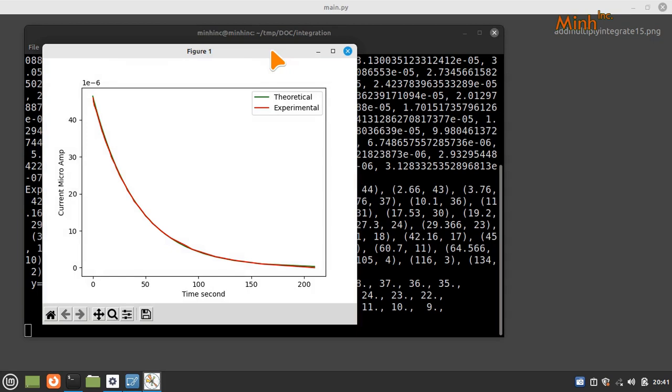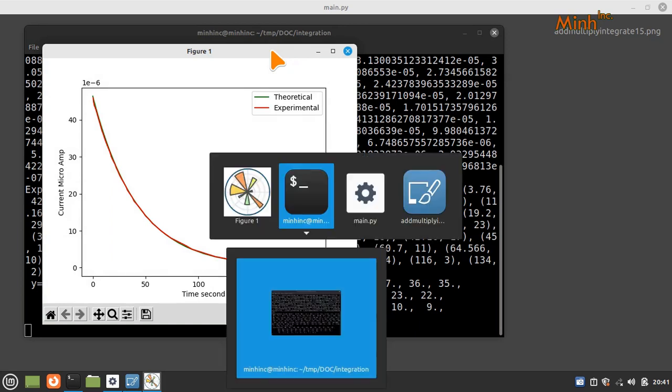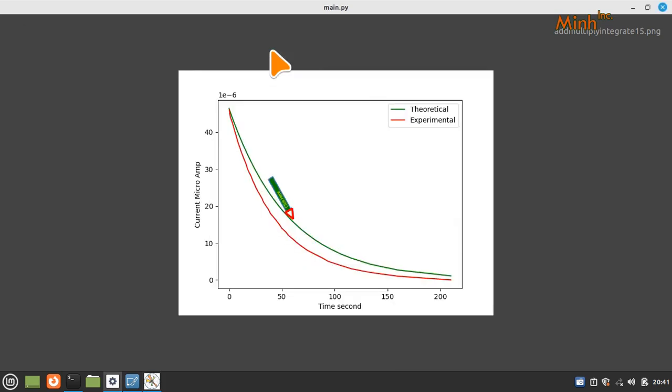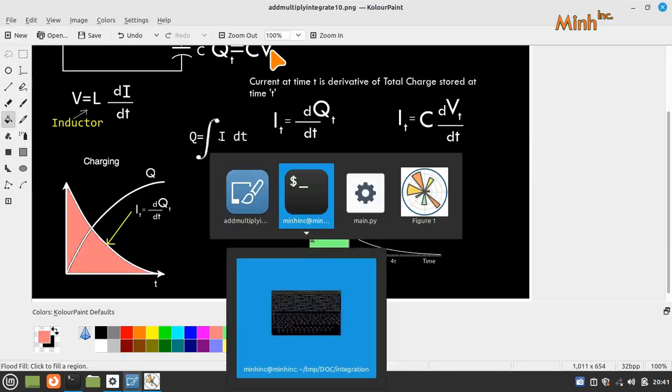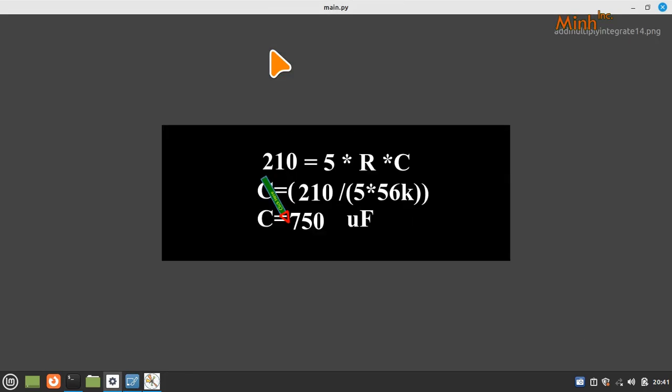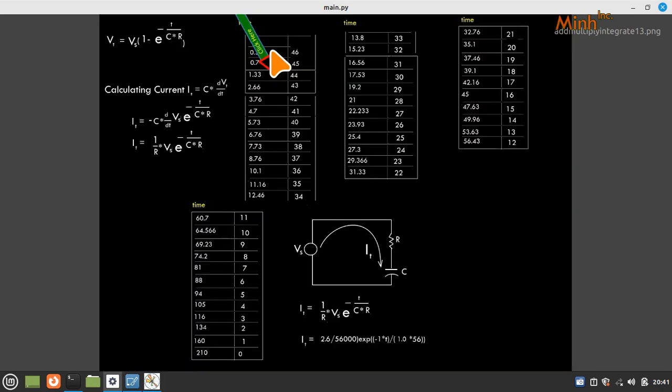It is exactly the same. Okay, so our calculation is perfect.